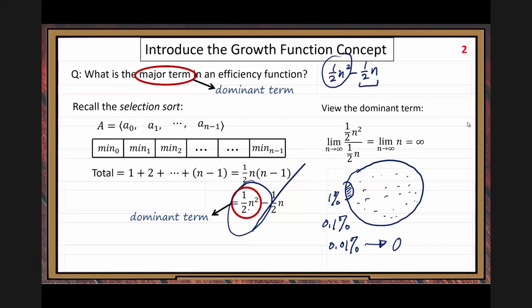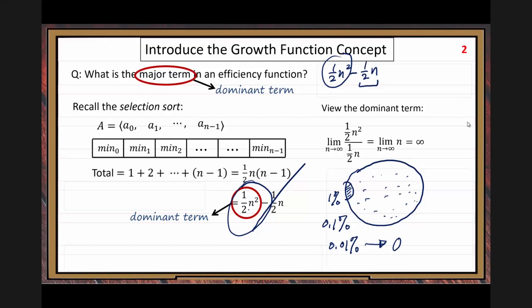But here, if we look at f of 2n over f of n, we just look at the increasing rate. We don't need that leading coefficient.